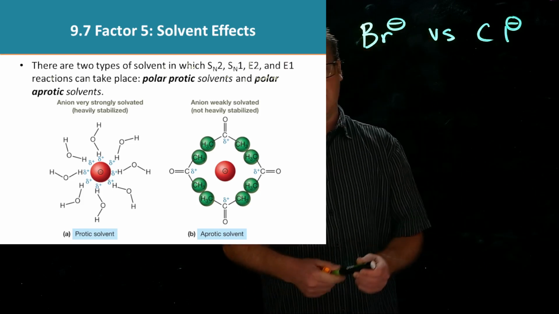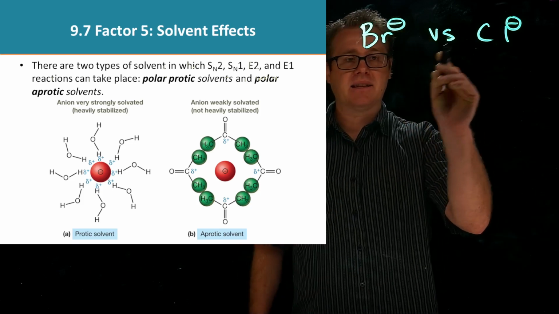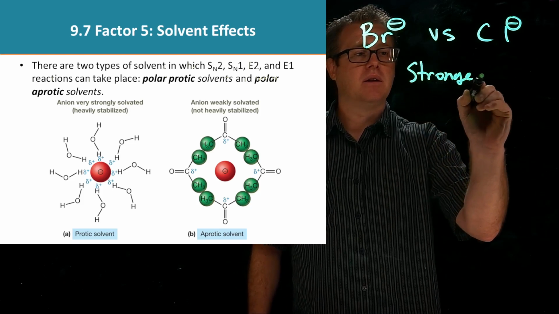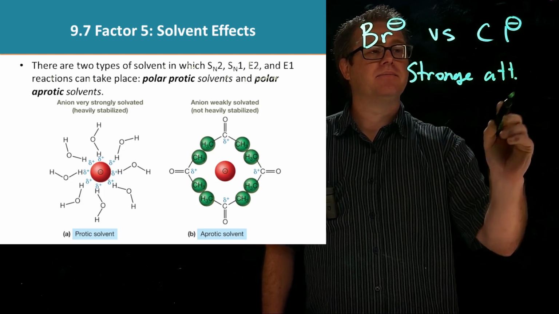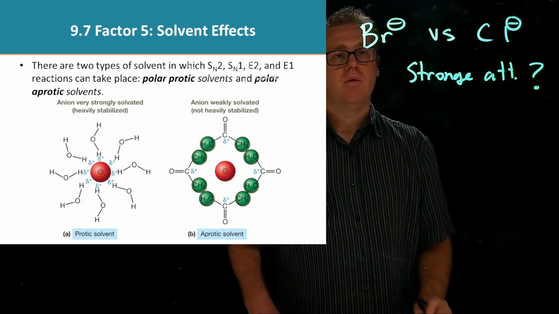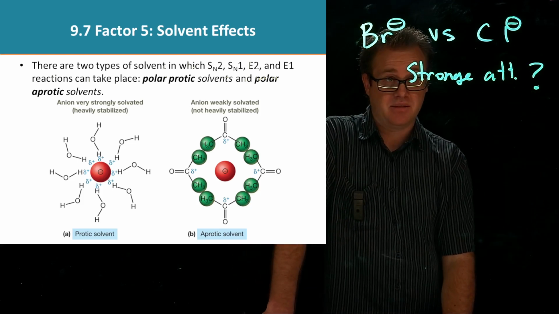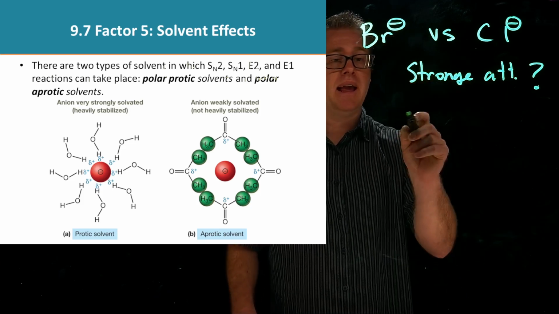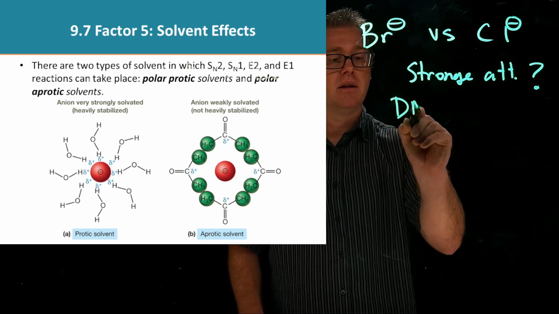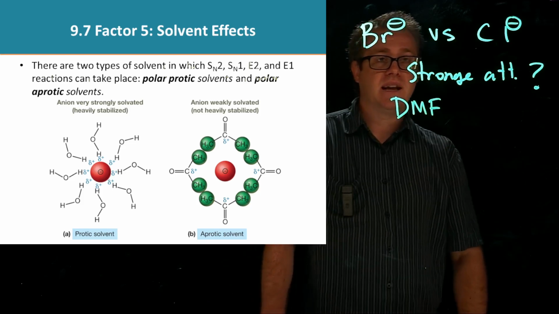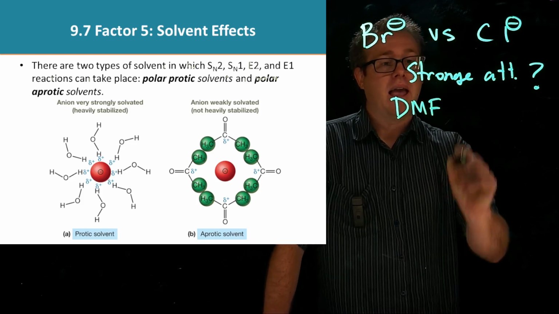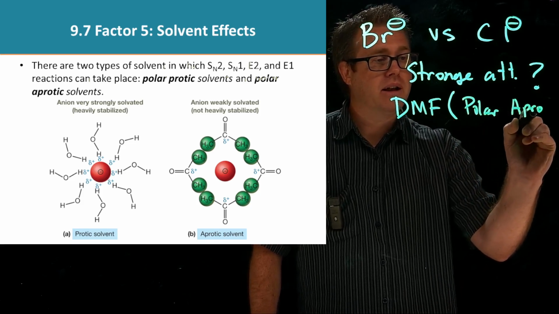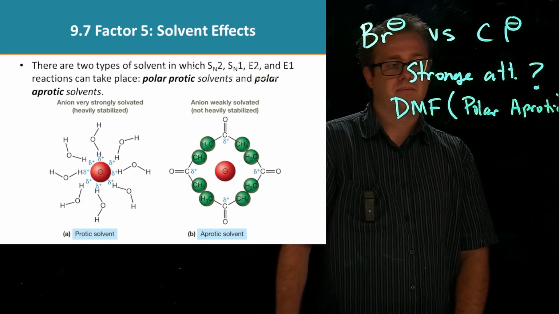So if we take a look and ask the question, which is the stronger attacking species? Well, it's all dependent on the solvent. So if we take these two species and put them in a solvent called DMF, which stands for dimethylformamide, that is a polar aprotic solvent.